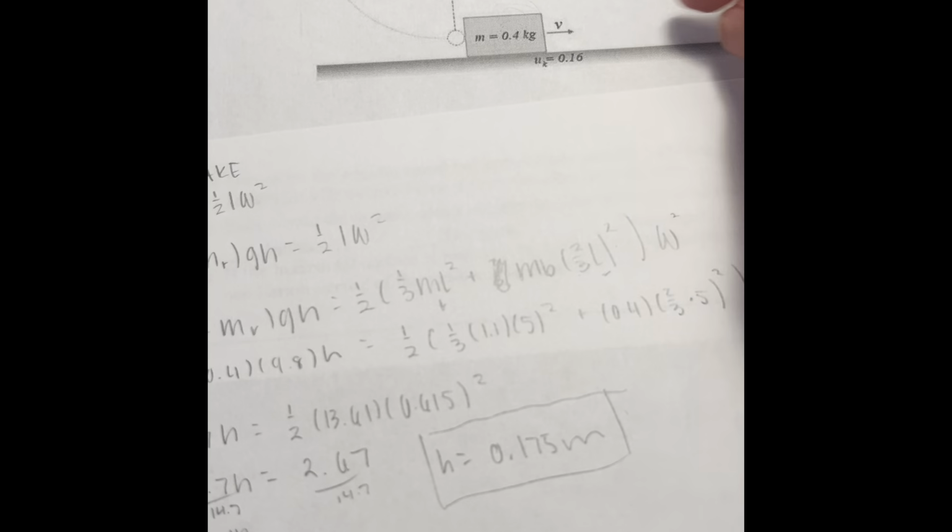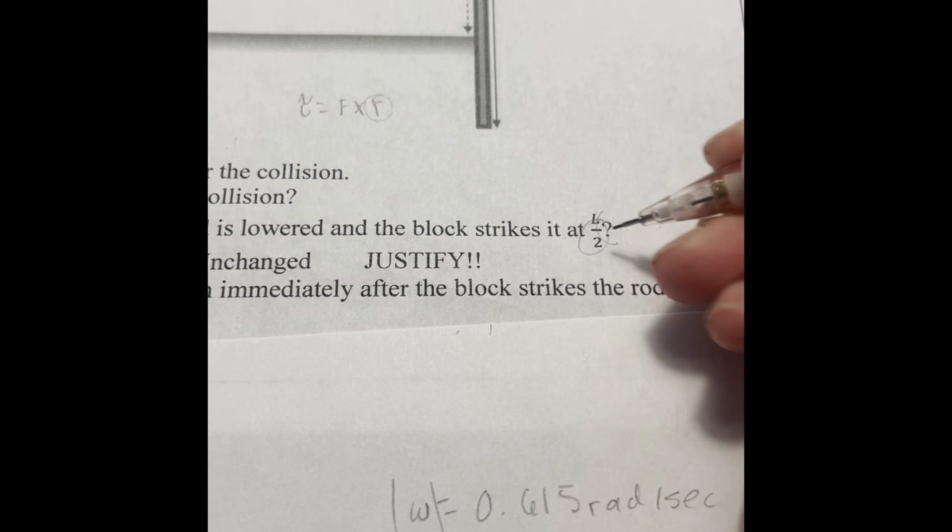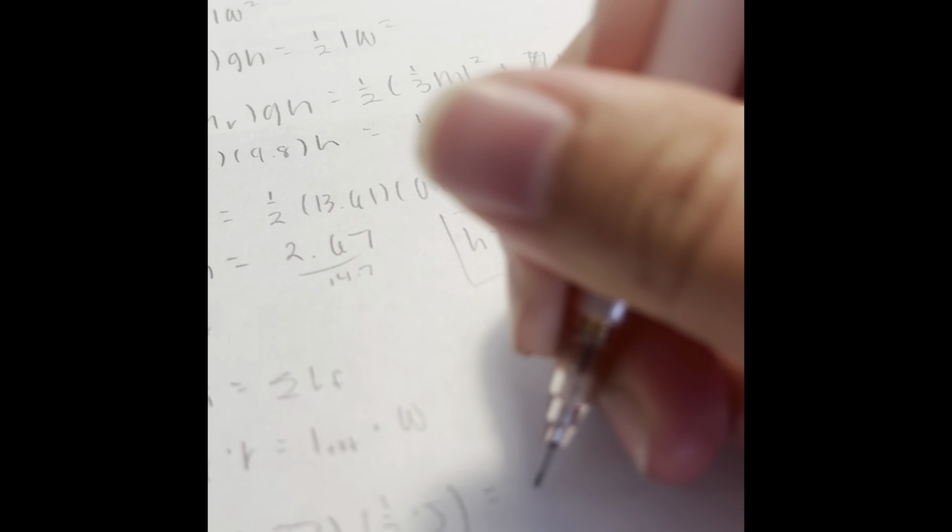The V initial of the block as it starts moving after being hit will stay the same, mass will stay the same, so it'll be 0.4 times 6.27 times R, which is now 1/2 times 5 because it's L/2 and L is 5, which is equal to 1/3 m.